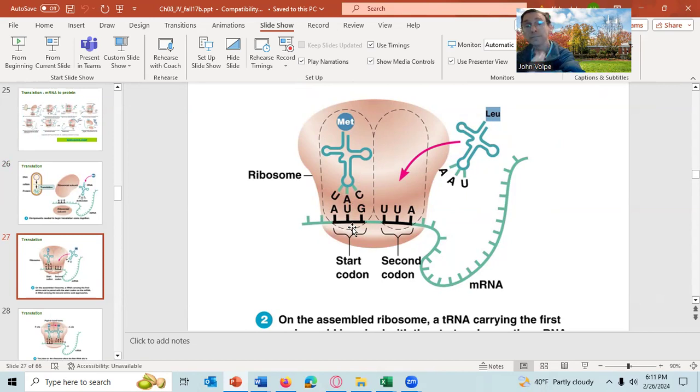And the second site of the ribosome allows the second tRNA to come in, and it will be the tRNA that has the anticodon right here, which binds to the codon right there. And this will differ depending on what codon this is.